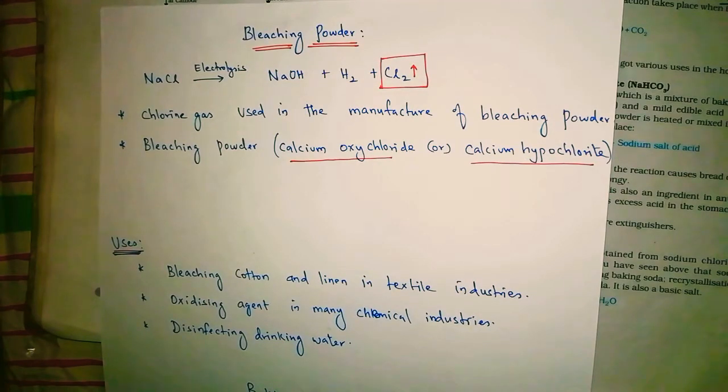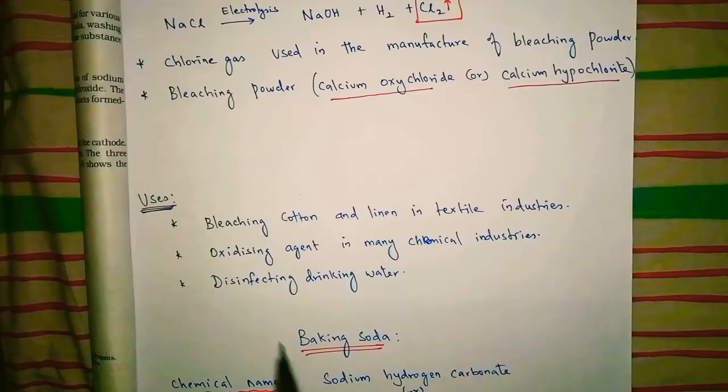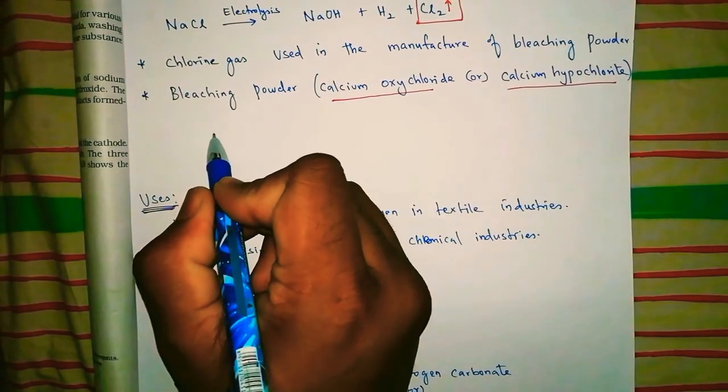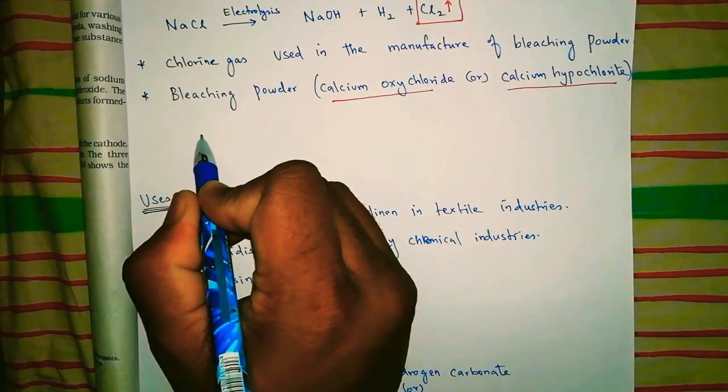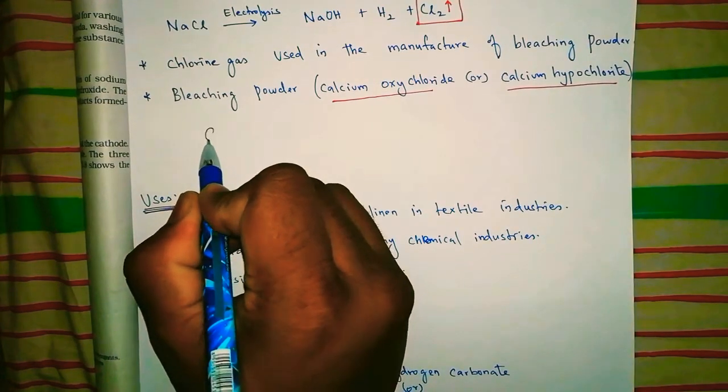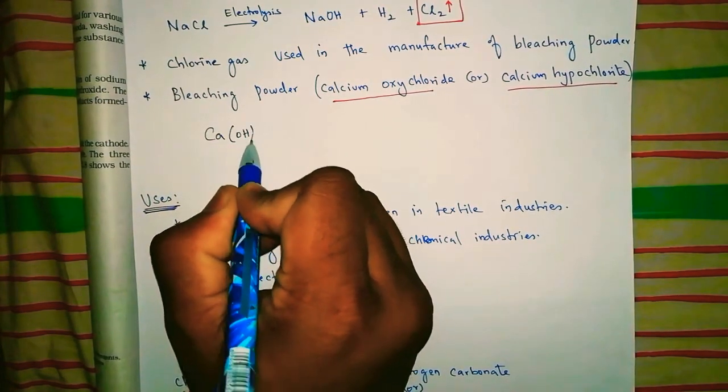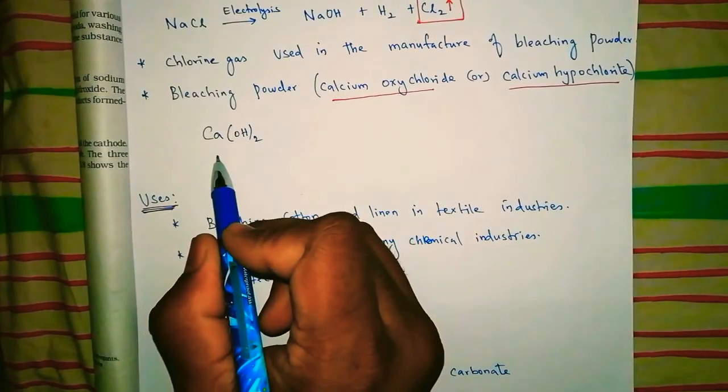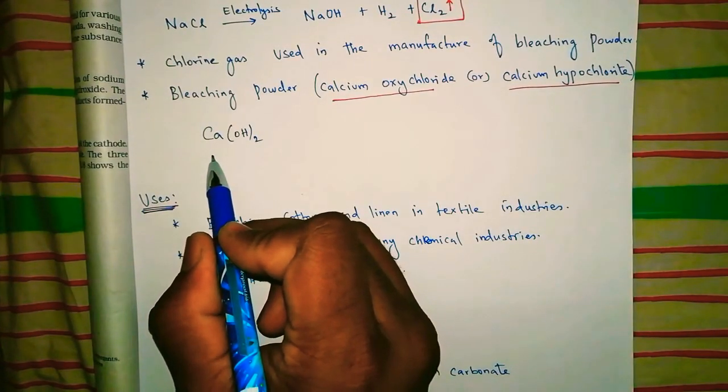Now we are going to see how this is prepared. On passing chlorine gas over dry slaked lime, slaked lime is calcium hydroxide.